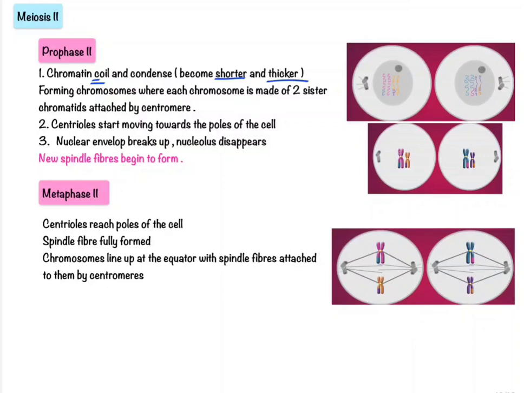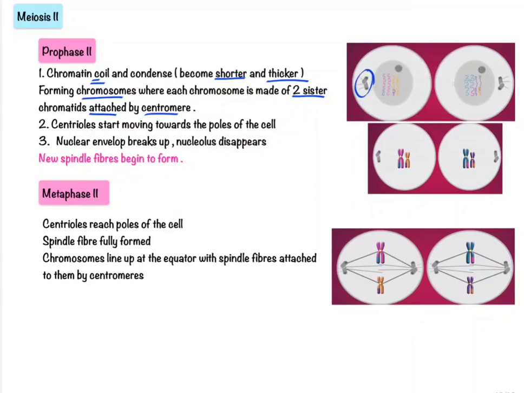As you can see, it was thin, I mean smooth. Now it became thicker and shorter, okay? It coils and condenses, forming chromosomes where each chromosome is made of 2 sister chromatids attached by the centromere. Okay, we know all that. The centrioles start moving towards the poles of the cell, like here.